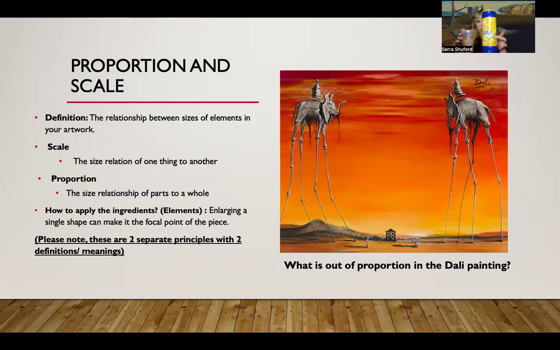You need both of those things to understand how big or small they are. If you just have the Pringles can, and there's no other, it's just a white background, imagine I'm not here, that is just size relationship to the whole, or proportion. So when you have scale, think about the relationship between two things. And when you think about proportion, think about the size relationships of parts to a whole.